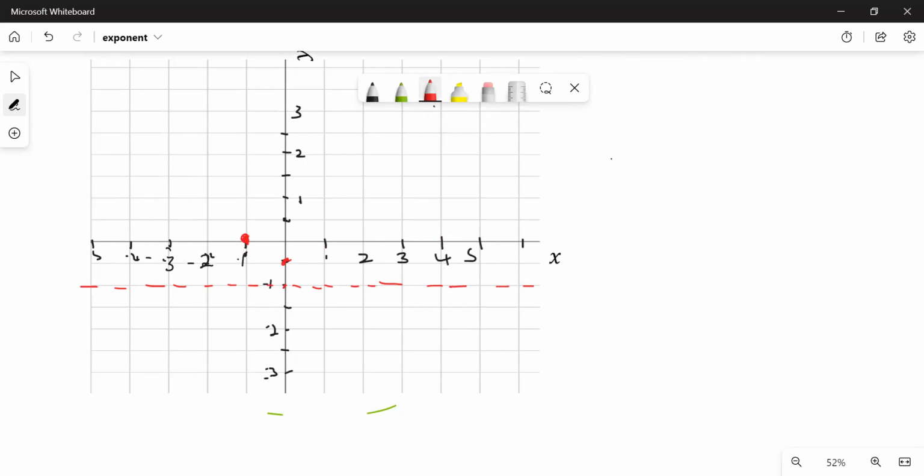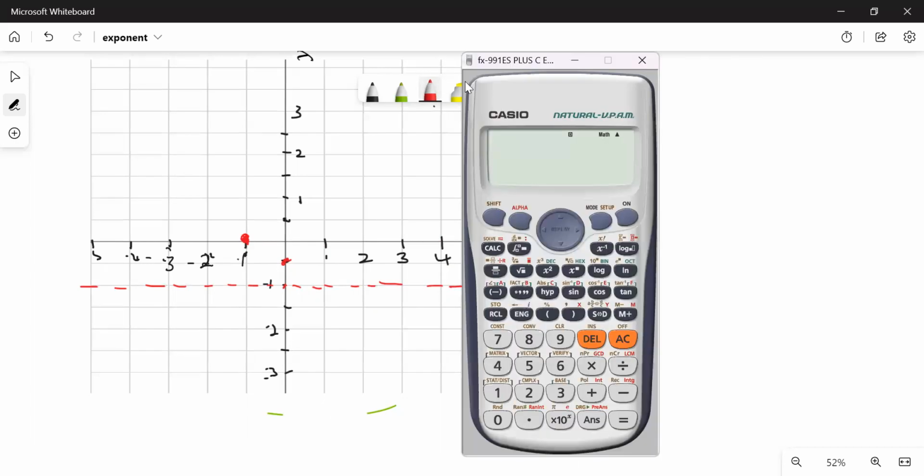How to get the shape? We're going to go to our calculator, and on our calculator we're going to say we have mode 7. You have 1 all over 2, close your bracket, to the power of alpha x plus 1, all minus 1, equals.